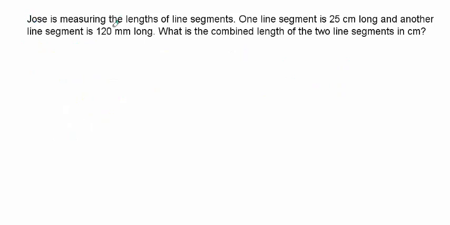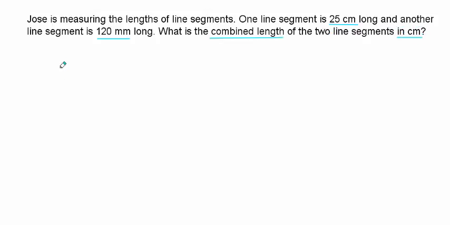Joes is measuring the lengths of line segments. One line segment is 25 centimeters long and another line segment is 120 millimeters long. What is the combined length of the two line segments in centimeters?